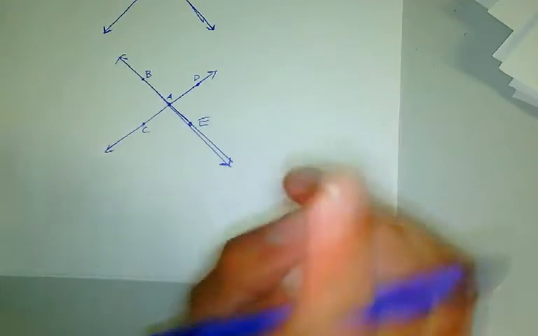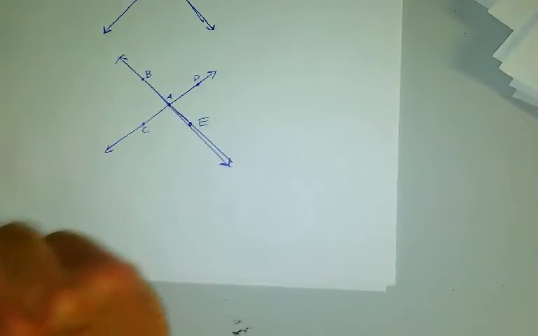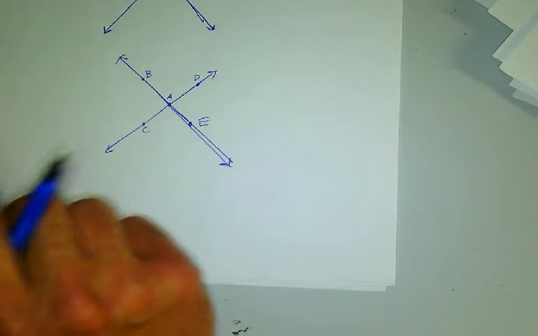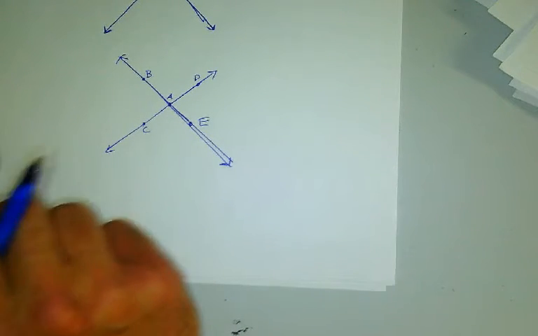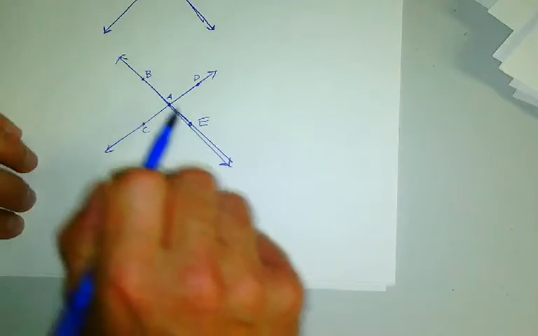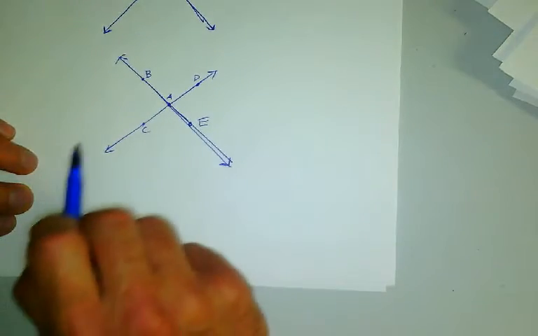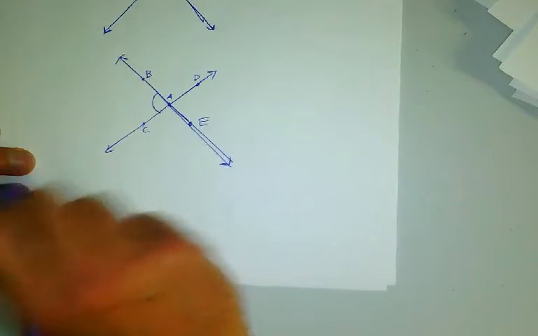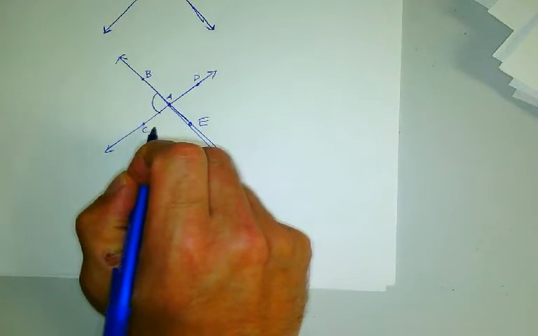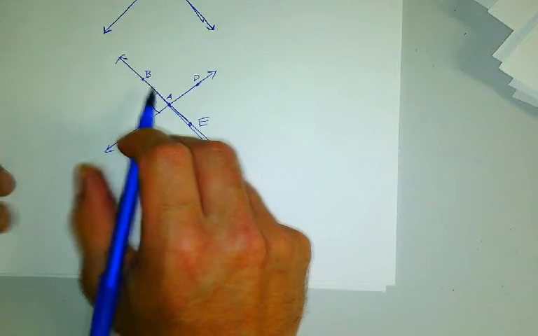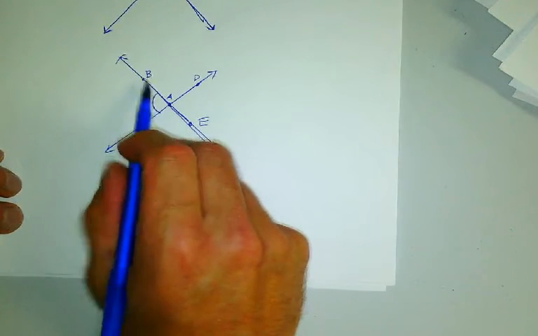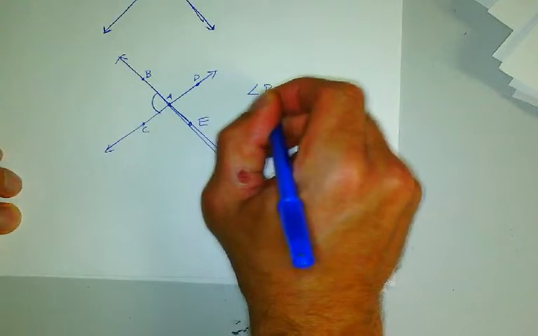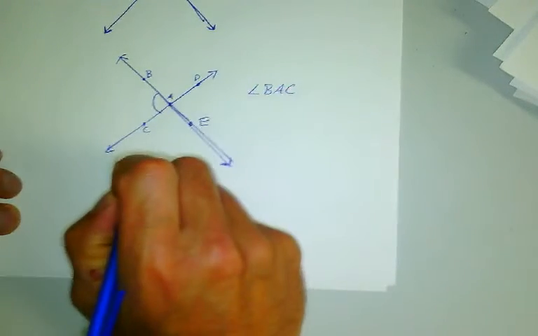Now the most common way to name an angle is to use three points, with the very middle letter being the vertex, where the two line segments converge. So if I'm talking about this angle on the left here, it forms a mouth, I can name this angle using three points. I could use B, A, and C. So I could call that angle BAC.